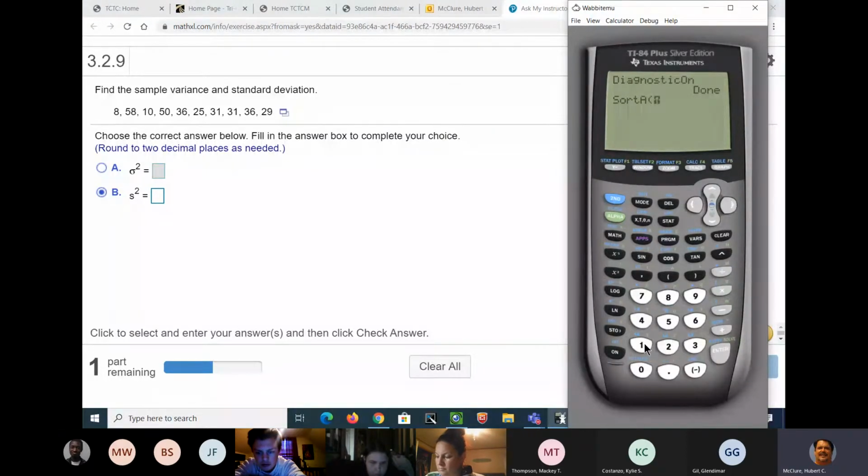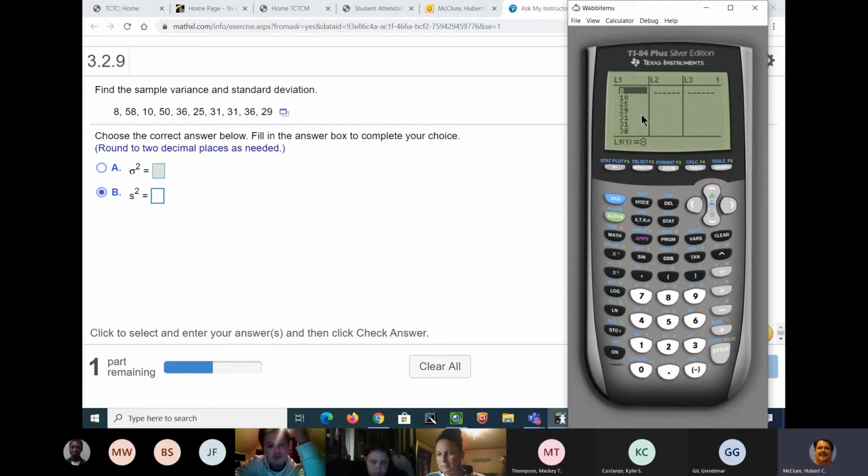Look above the 1, you'll see the L1, and above the 2 is the L2, and above the 3 is L3, and so on. And close parentheses, hit enter, and look at your stats, and edit, and you'll see they're in order.